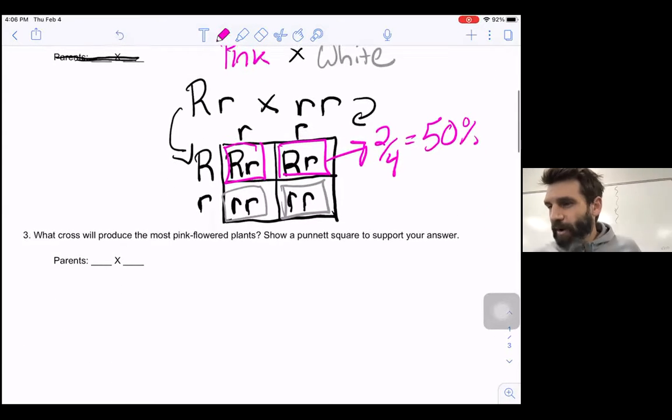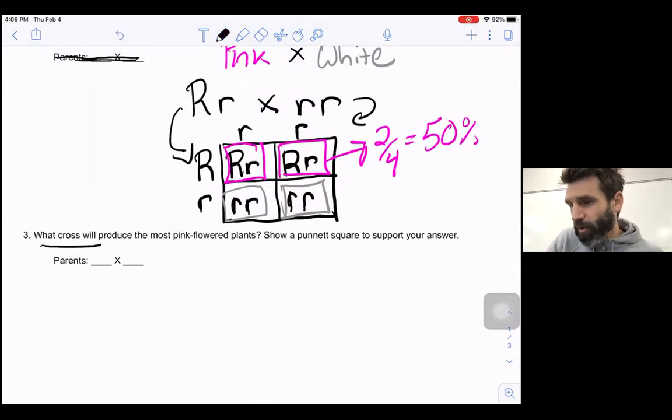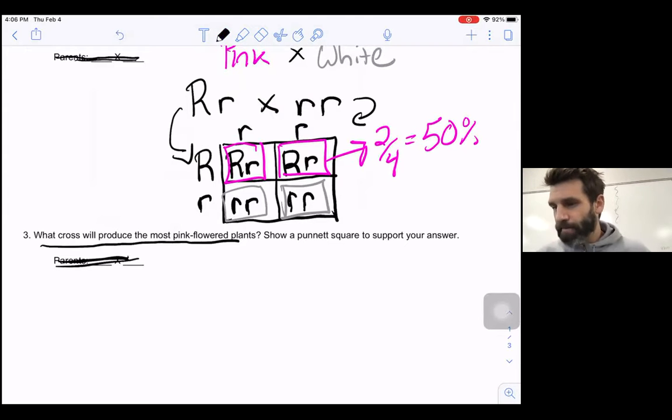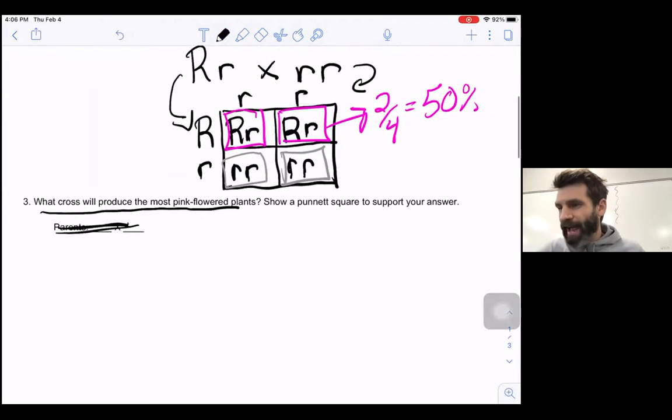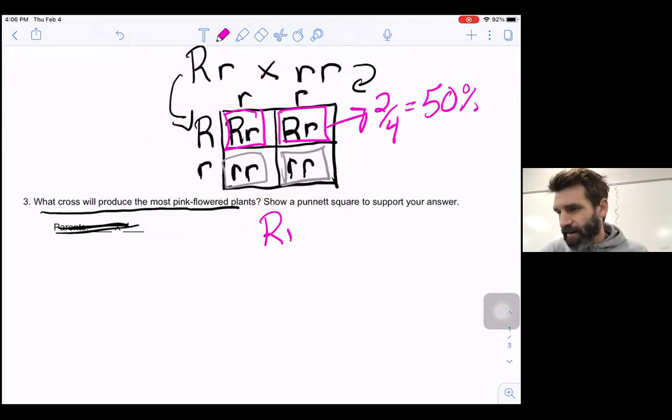So now we're asking what cross will produce the most pink flowered plants? Let's cross this out. I think I had meant to do something else with that before. Well, if I know I want pink plants, I want big R, little r. And I'll let you think about this so you can pause the video.